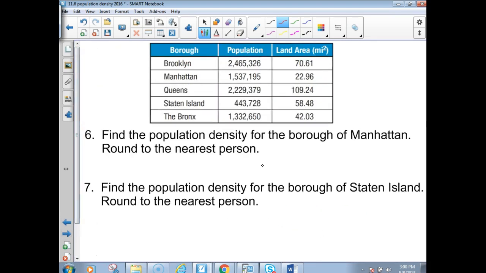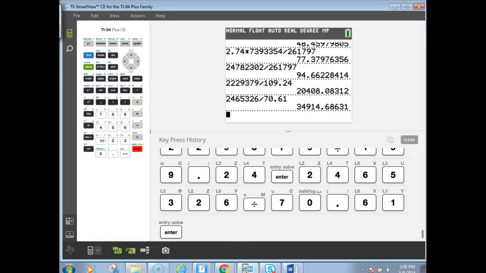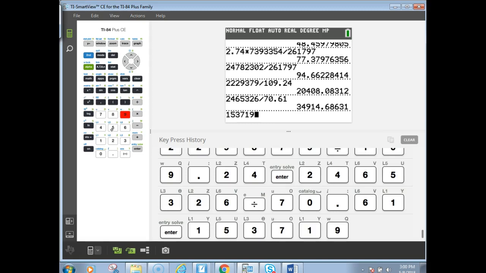And then we're going on. We're going to do Manhattan next. Manhattan, some of the most expensive real estate in the world. Go ahead and calculate. I'm going to not write it down because I think we just write down the answers. All we're doing is the same thing over and over on the chart. So we're taking those chart values, dividing.